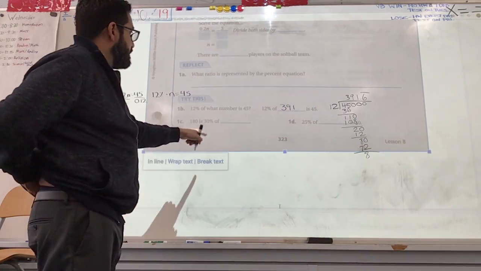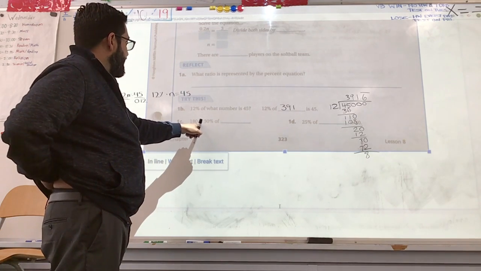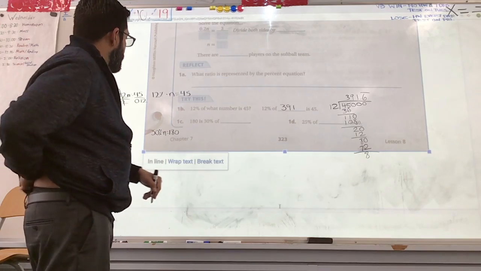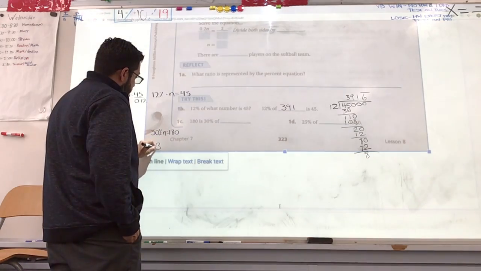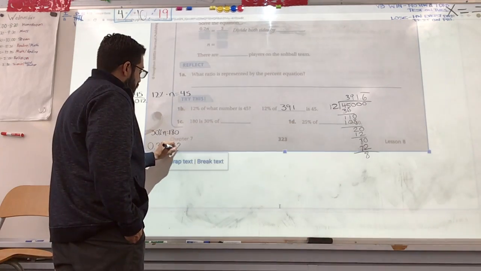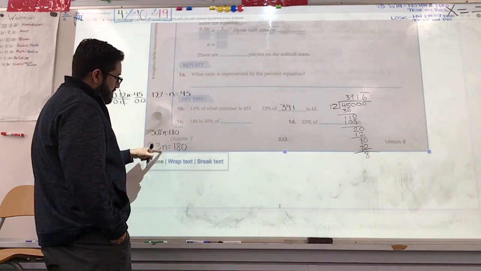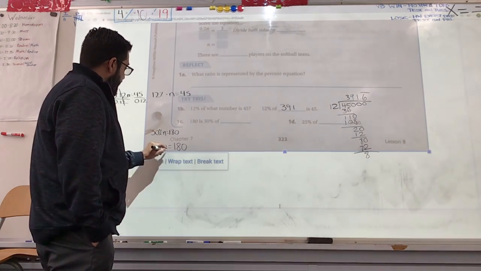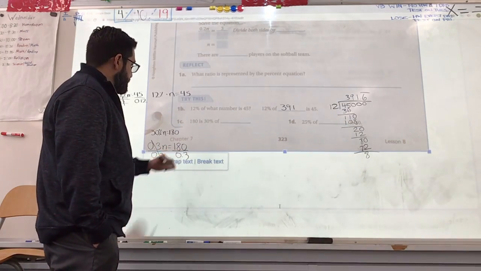All right, let's see this one. 1C, 180 is 30% of blank. Same thing, convert this to a decimal, 0.3 times N equals 180. And remember, N is the number, we don't know what it is. So we're going to divide by 0.3 on this side, 0.3 on this side.